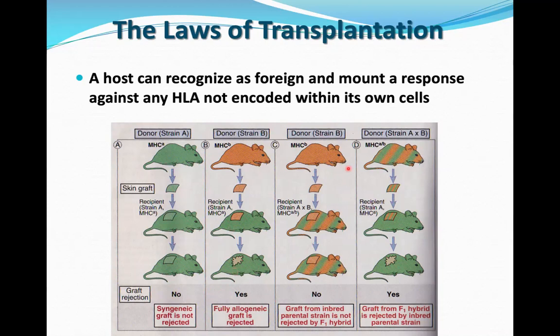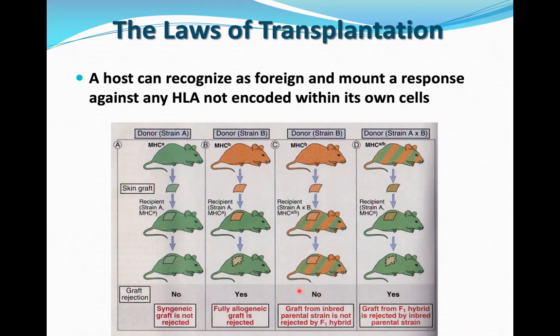If you mate strain A and strain B, the progeny is expressing both A and B HLAs, right? And you transplant skin from this pure strain B into that hybrid A-B strain. That also isn't rejected.